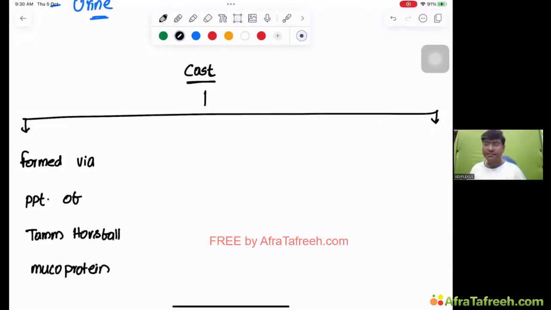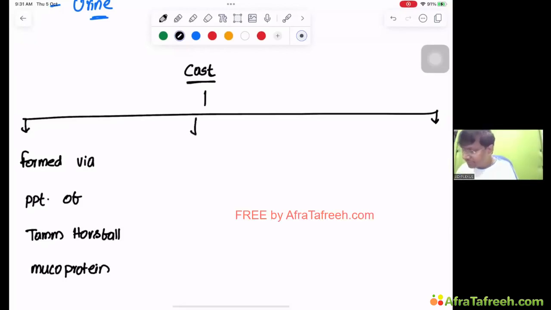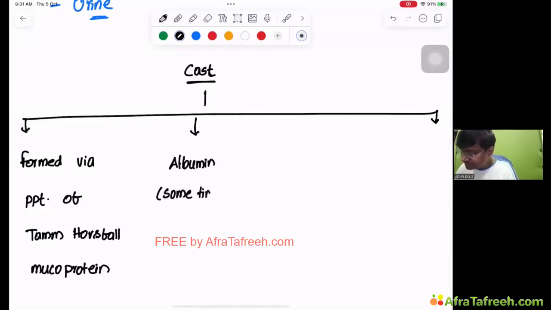Right, formed via the precipitation of Tamm-Horsfall mucoprotein. And sometimes the cast may also contain albumin.